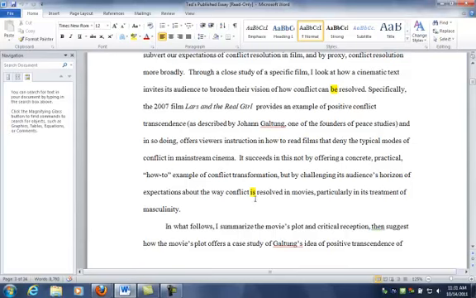Again, it's not like it's a disaster, but if I find myself having more be's in the paper than I want, I could change this. So I can say, for example, challenging its audience's horizon of expectations about the way movies resolve conflict. Okay, I just flip-flop some of the words and I've gotten rid of is. Or again, some of the same things that I did up here, I could do down here.